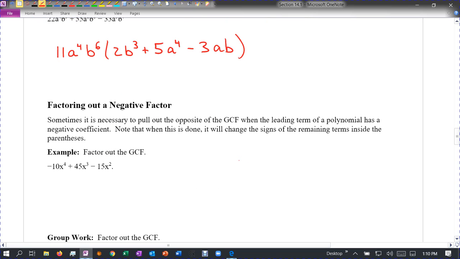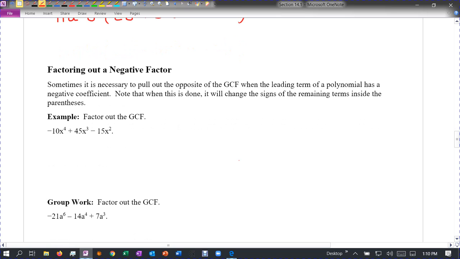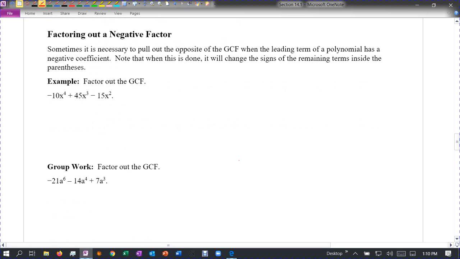Now, sometimes it might be necessary later to actually factor a negative number out of something. So for this, let's try and pull our GCF for this one. So let's look at our numbers here. We have negative 10, 45, and negative 15. What I'd like for us to do, first, find the biggest number that goes in all of those, which I believe is 5.